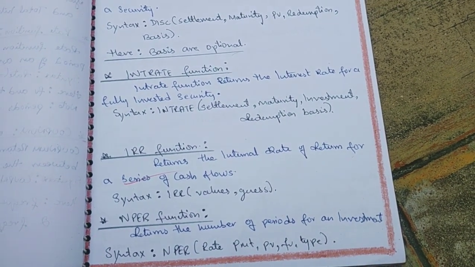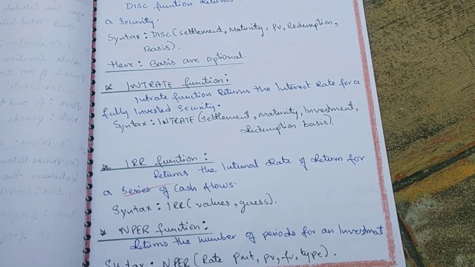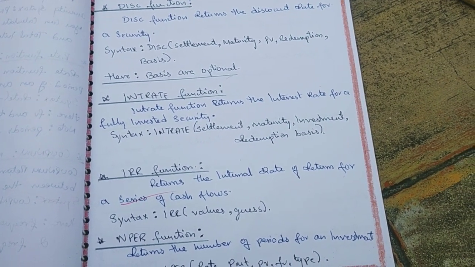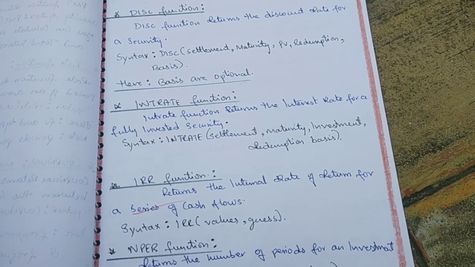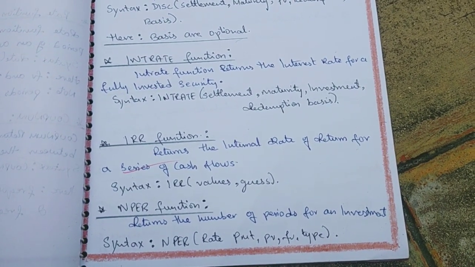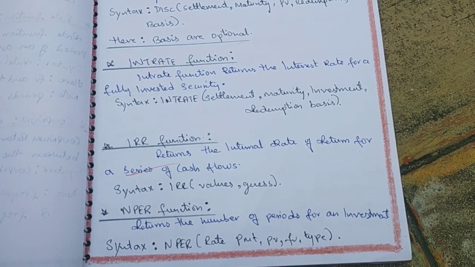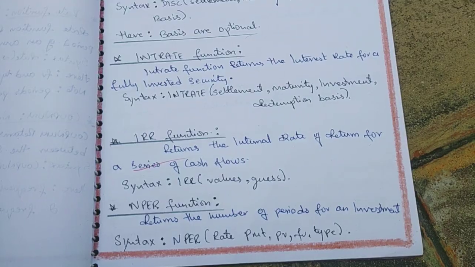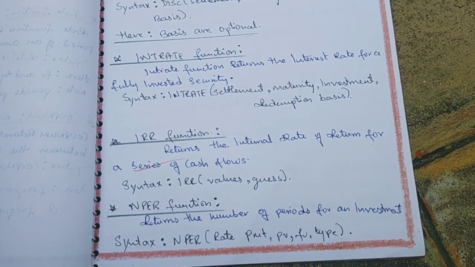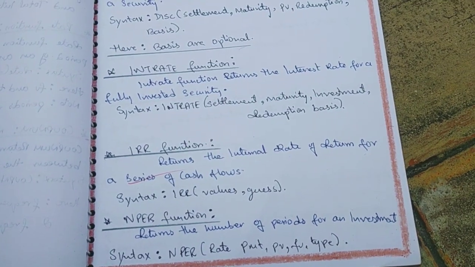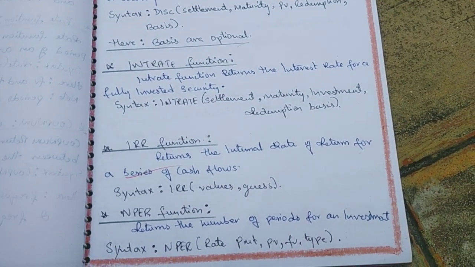For further theoretical clarification about these mathematical and financial functions, I'm giving all these formulas for a glance. The NPER function returns the number of periods for an investment: NPER, rate, PMT, present value, fixed value, type. If you press enter, you will get your answer.